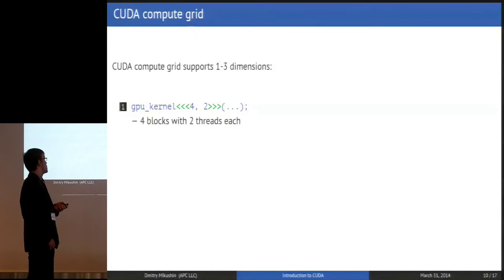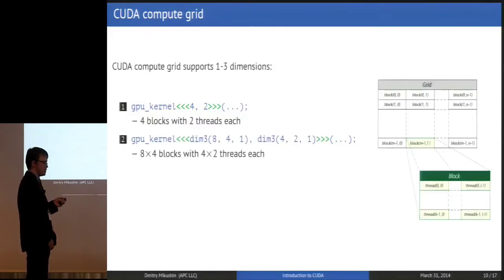The CUDA compute grid supports 1 to 3 dimensions. So here is an example of a one-dimensional setup. Here is an example of a two-dimensional setup. This will be depicted like here. And instead of plain numbers, we use a structure, dim3, where the third position here is filled with 1, as we are going to have 2D.